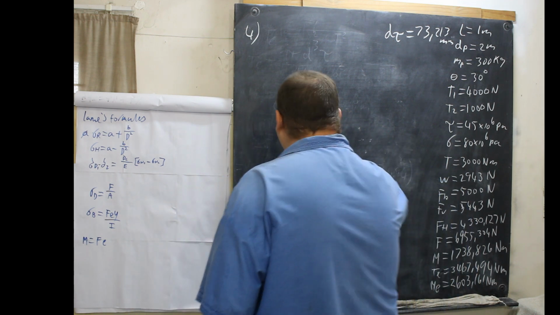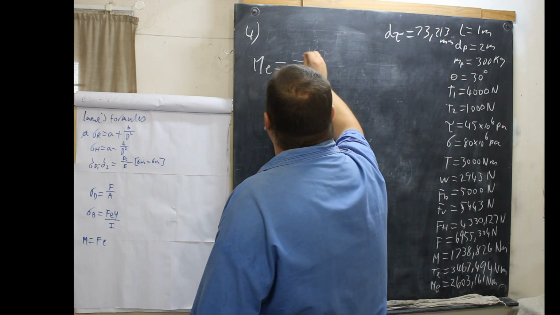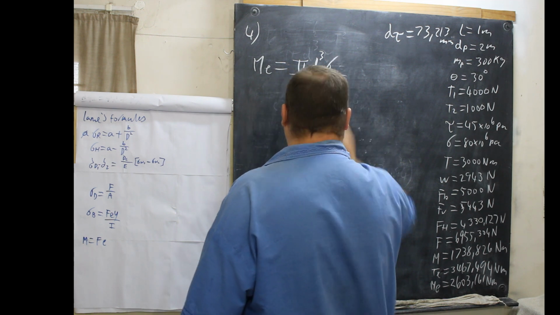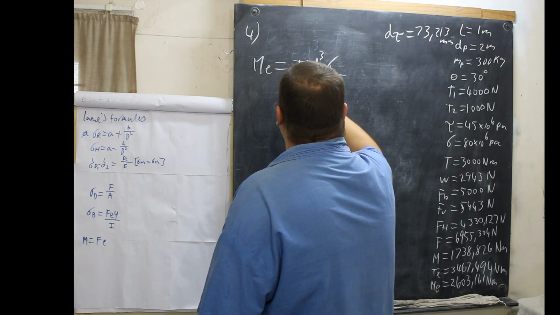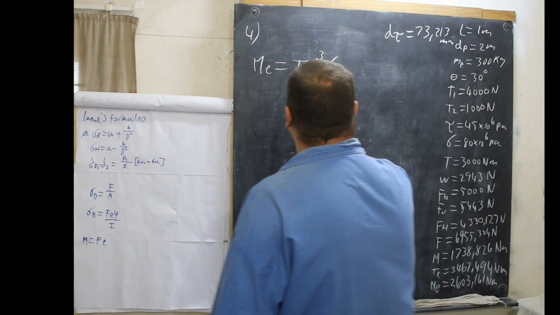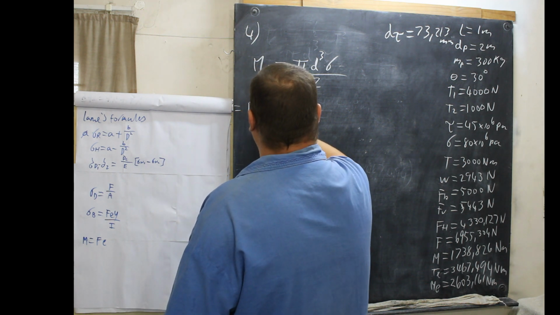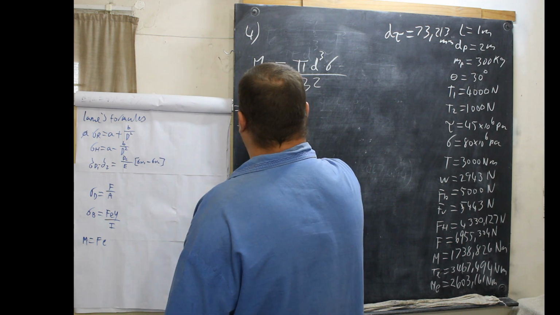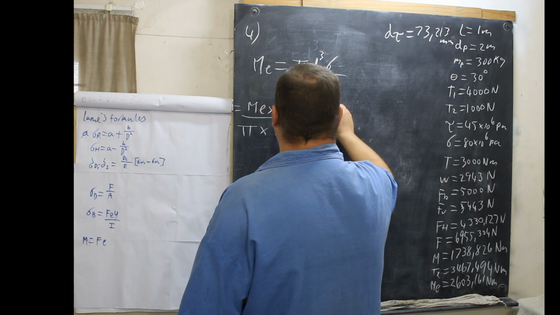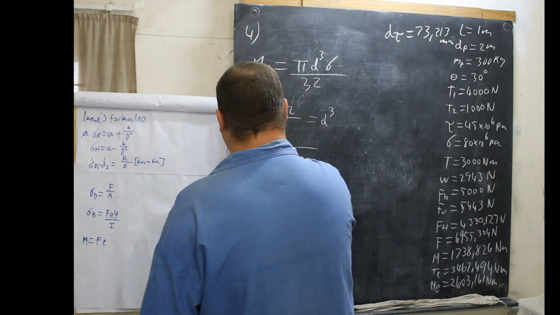Now the next part is ME equals pi D cubed over stress over 32. We do exactly the same thing as we did with the last one. ME times 32 over pi times stress equals D cubed. Now we cube root that.